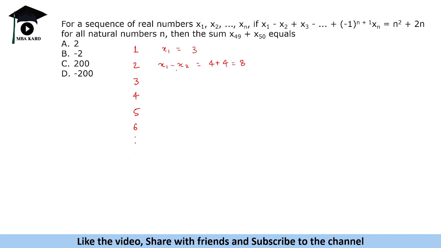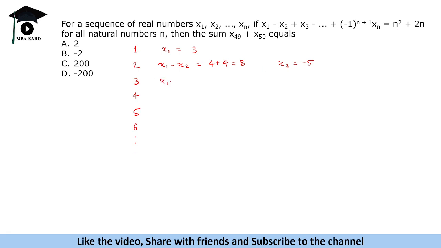Okay, so x1 minus x2 is equal to 8. So we'll get x2 is equal to minus 5. Because 3 minus x2 is 8, so x2 will be minus 5.